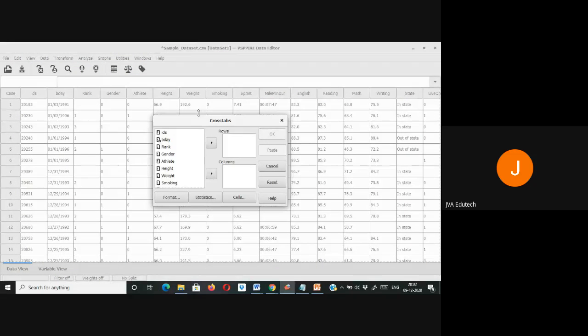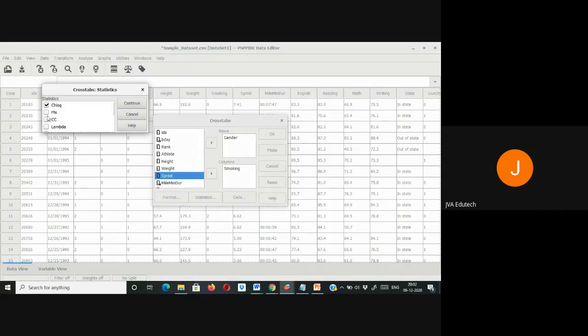What will we put over here? In the rows, you can put any. What do you want to put in rows? Gender. Okay. What do you want to put in column? Smoking.